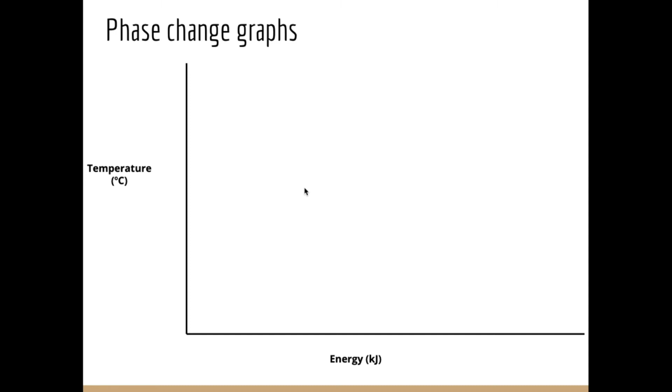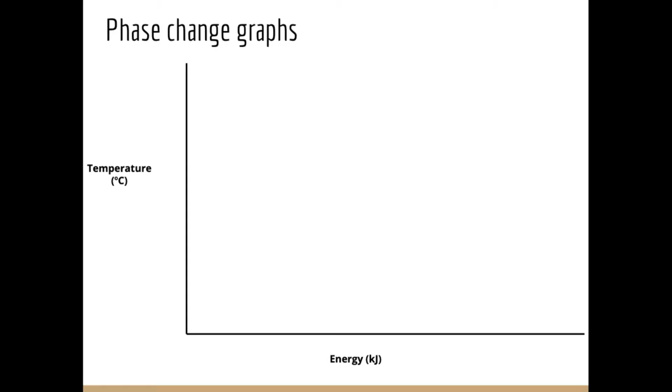A really useful thing we can do to help us understand how the particles are behaving during the phase changes, so during the melting or the vaporizing or the opposite, and also how they're behaving when you are heating them up, is to graph the energy versus the temperature of a particular substance. This would be applicable for any substance.